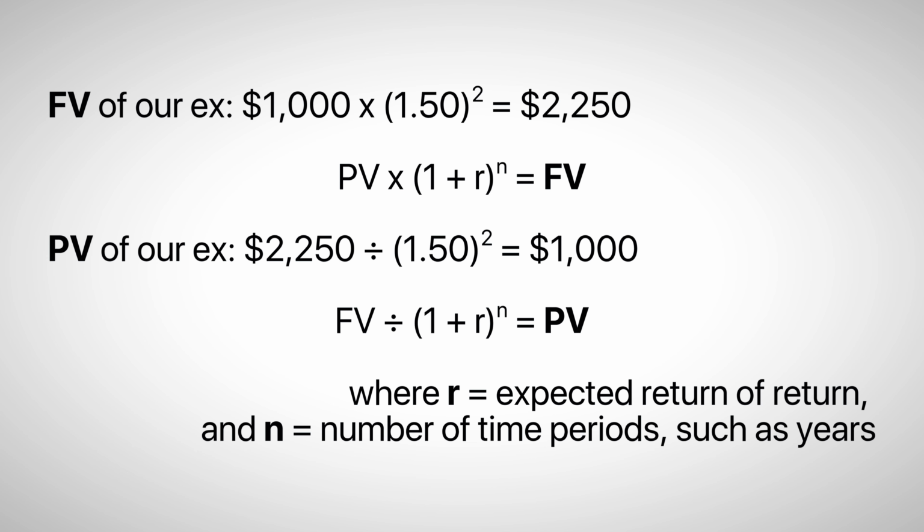Our formula for present value is pretty similar. It starts with the future value of $2,250, and then we divide by 1 plus our rate, also raised to the power of the number of years. Now that we understand those two concepts, we can move on to actually calculating NPV, net present value.